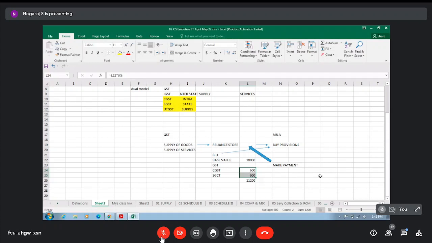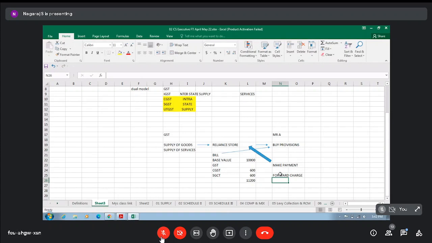When the person who is supplying the goods or services collects the GST and makes the GST payment to the government, it is called forward charge.